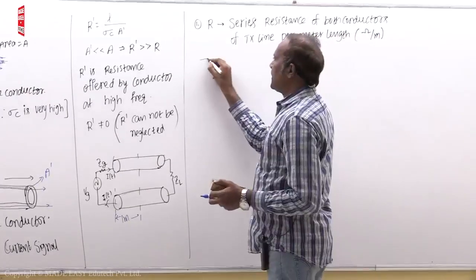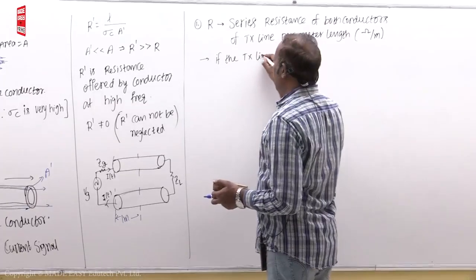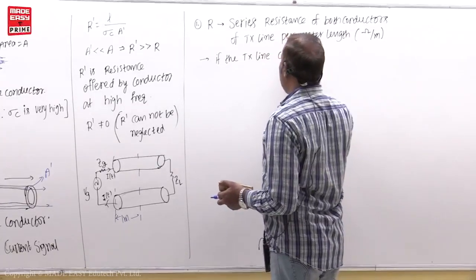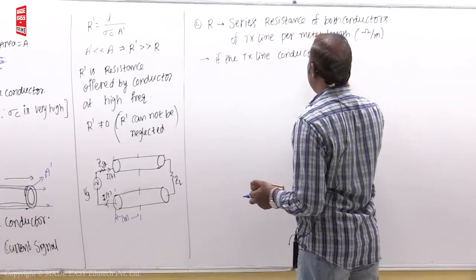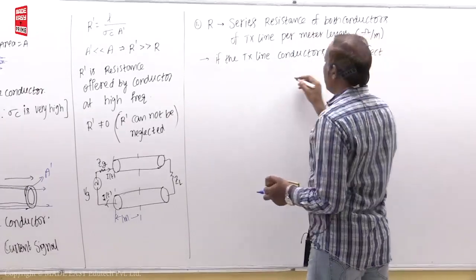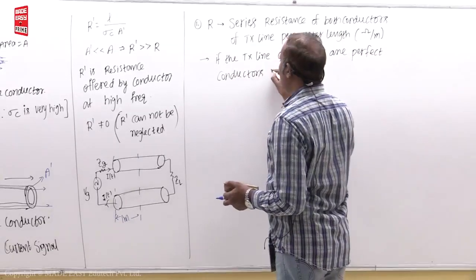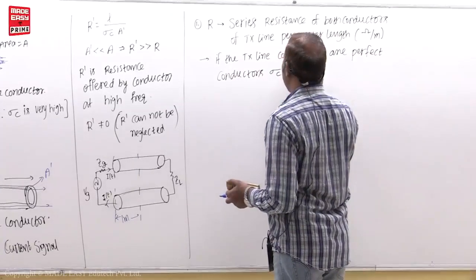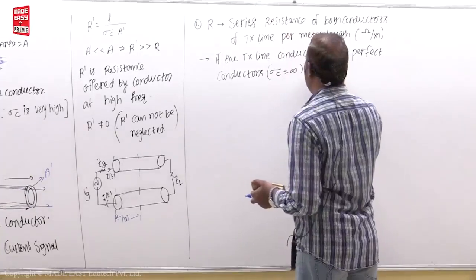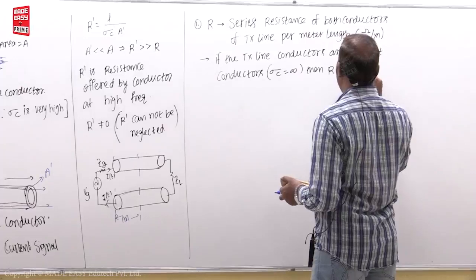Okay, next, if the transmission line conductors are perfect conductors, so that sigma c is equal to infinity, then resistance is equal to L by sigma c into area.